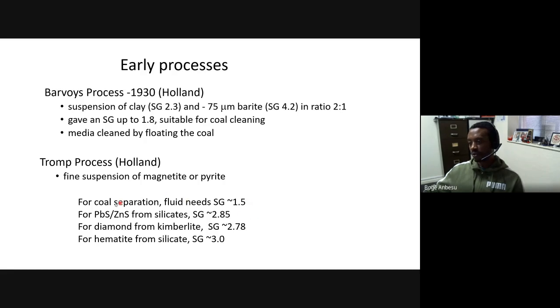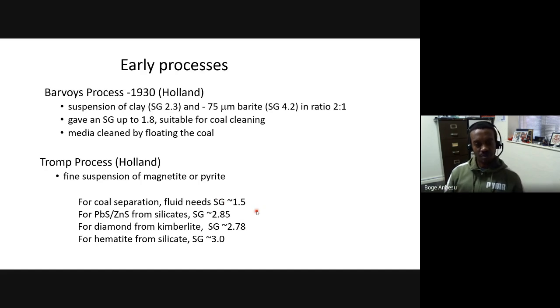For example, in coal separation, you can make a media of about 1.5. We know the coal is light, so that's the valuable part. And usually in coal ore, what we're trying to get rid of is silicate material, because the silicate material doesn't burn, it doesn't have any energy value. So that's actually an impurity in coal, and we can remove that impurity. Typically, it's denser than coal.